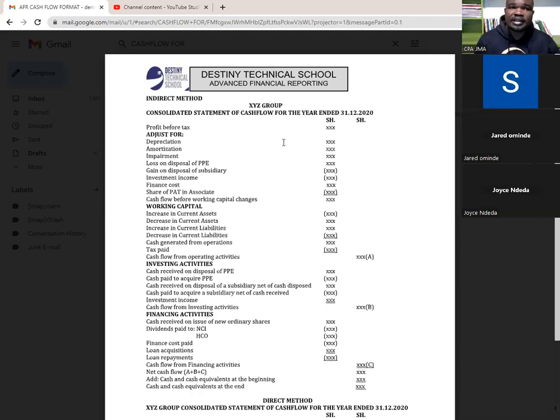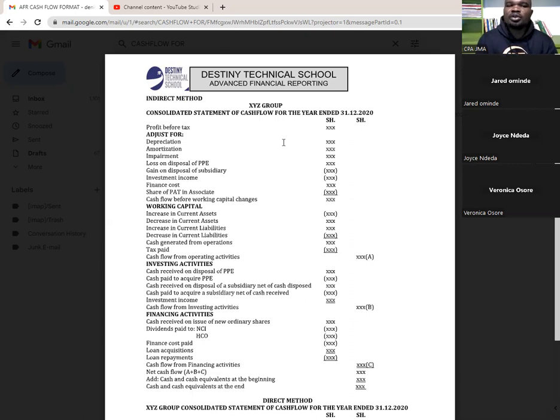What is an operating expense? Operating expense is the expense we incur on daily operations. Loss on disposal is not an operating expense. We don't incur that loss on daily operations to generate revenue. So initially, it had already been subtracted. But that is not an operating expense. We don't incur it to generate revenue on daily operations. So what you do, you add it back to the profit.